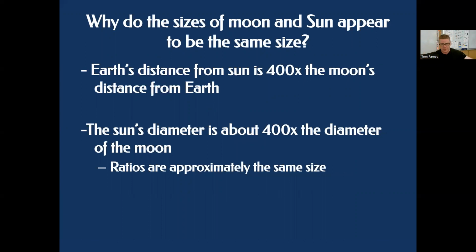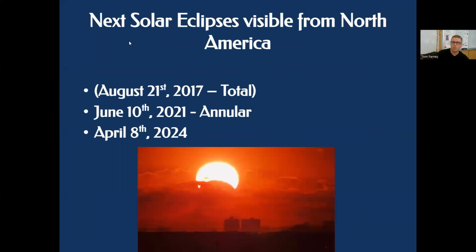Yay, math. That's kind of a cool thing. And I honestly think that's a very rare situation for us to have, for all of the different things to come in a line, to have these ratios very close to each other, to have these cool astronomical events occurring.